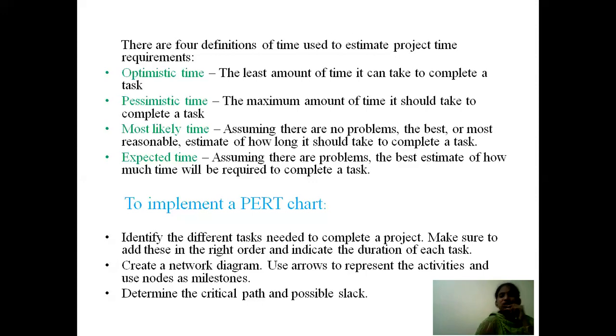The least amount of time means we are going to think that everything is going right in the project completion. You're not going to bother about failures or any delays. So whenever you assume everything is going to be right, then the time estimation is known as optimistic time.